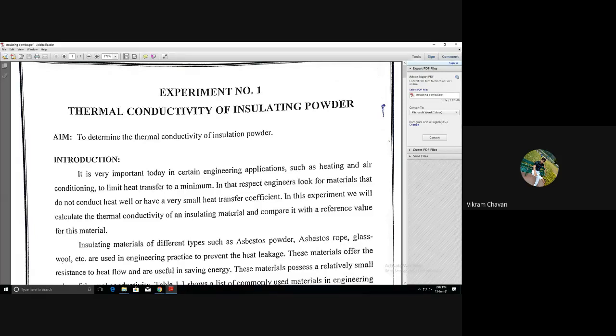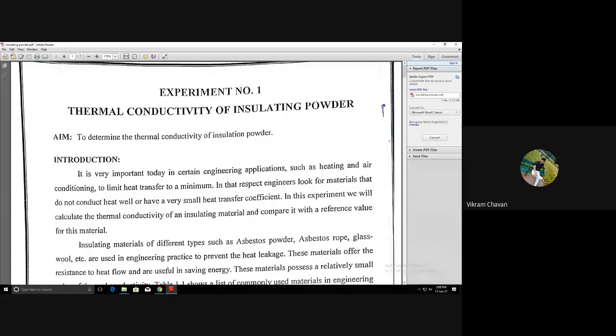Whereas in case of non-metals, let us take a number of examples: plastic, wood, some bricks, building materials. There are n number of materials which are bad conductors of heat. These materials are mostly non-metals, which do not have free electrons to transfer heat from one region of a material to another. So such materials act as insulating materials or bad conductors of heat.